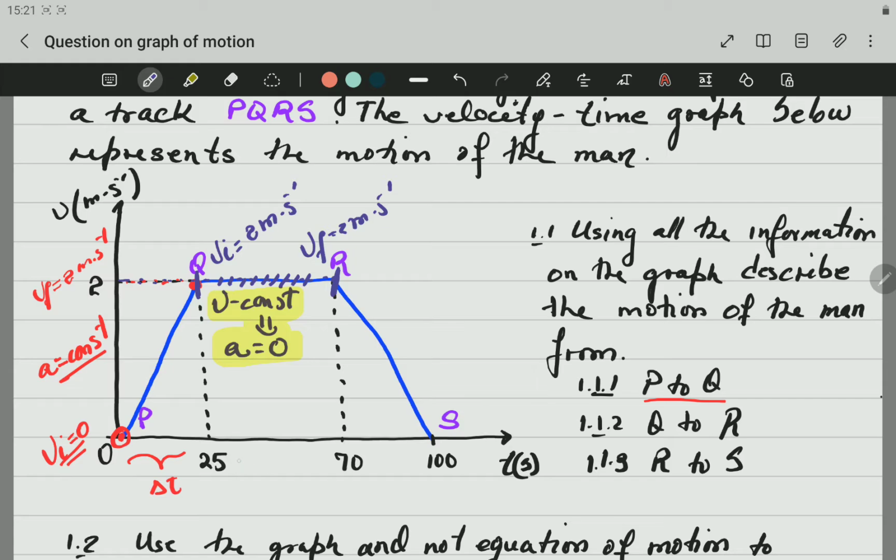Well, from 25 to 70, that is 70 minus 25, which is equal to 45 seconds. So he moved at constant velocity from Q to R, taking 45 seconds at that specific velocity. So let's write the answer.